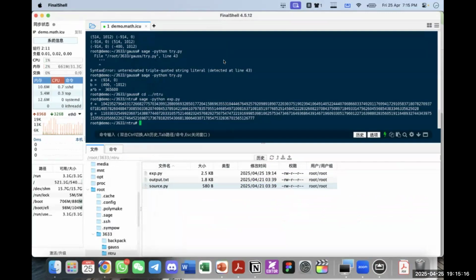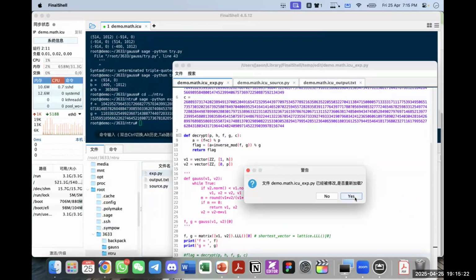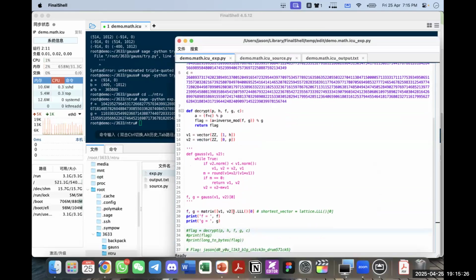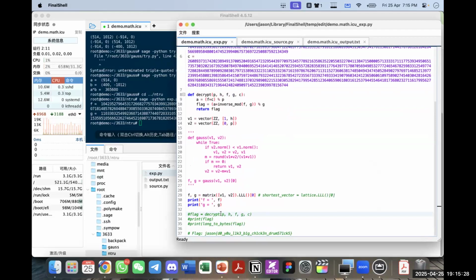Then we just put in these two numbers, because for the decryption function we just need to put in P, H, F, G, and C. And F and G we just found. Then we print the flag.